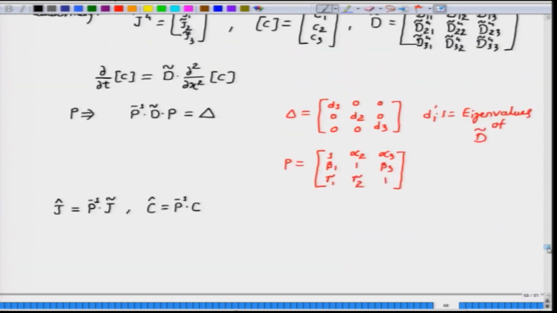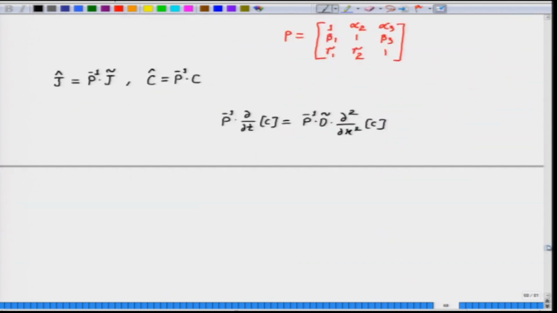So, how does this transformation help us? Let us try to look at it. If we now pre-multiply this diffusion equation in the matrix form with P inverse, we get P inverse times dou by dou t of C is equal to P inverse times D tilde dou 2 by dou x2 of C. Now, we are assuming that D tilde matrix is constant, and so P inverse or P, all these matrices are also constant, and so we can take them inside the derivatives, right.